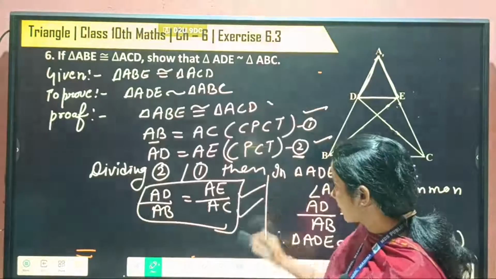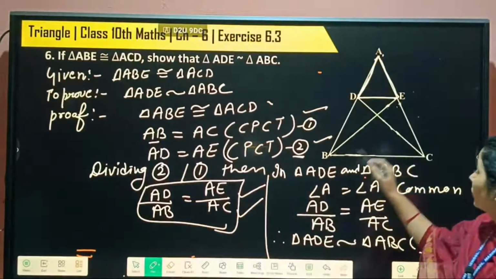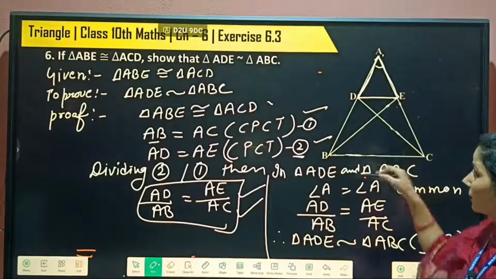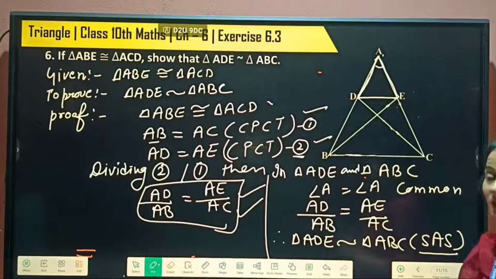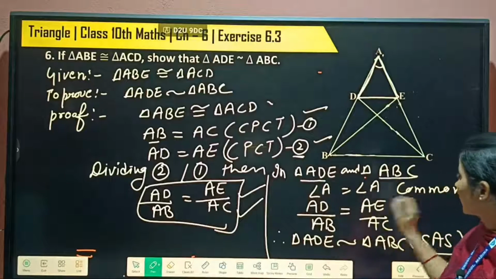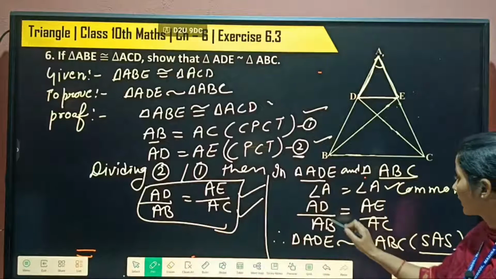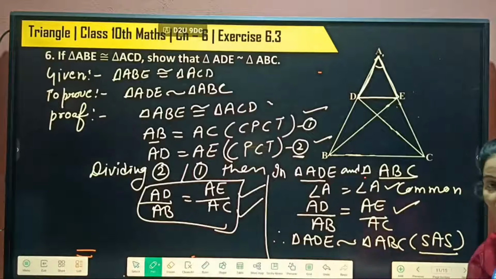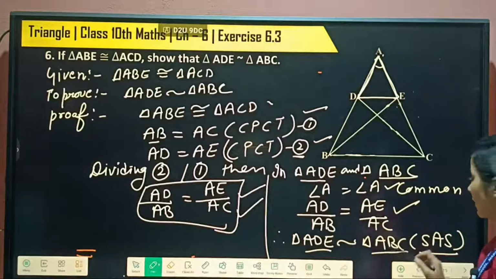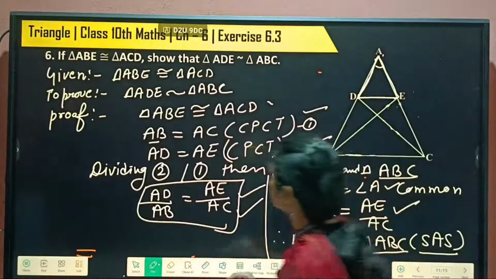Further, angle A is common in both triangles ADE and ABC. So in these two triangles, angle A is common and the corresponding sides are in the same ratio. So triangle ADE is similar to triangle ABC.